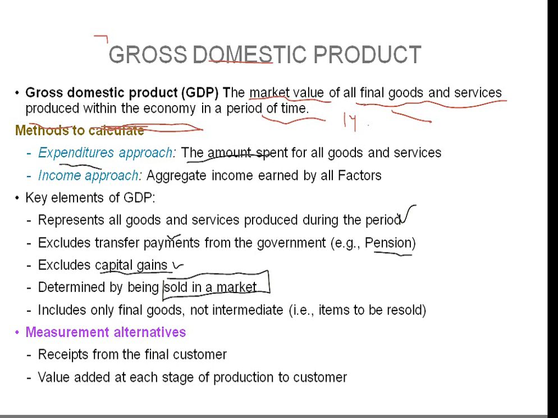So at each stage we add what a producer or manufacturer adds to the raw material, and at the end we get the GDP.